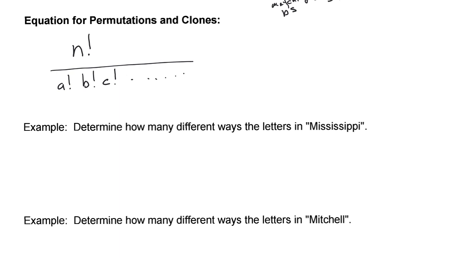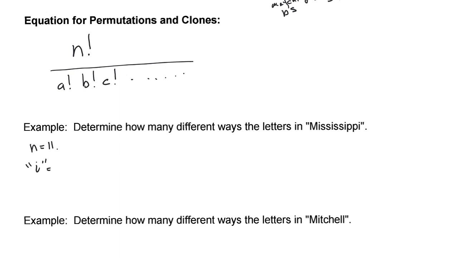All right. So for Mississippi, N is equal to 11. 11 letters, okay? So let's take a look at the letter I's. How many I's are there?